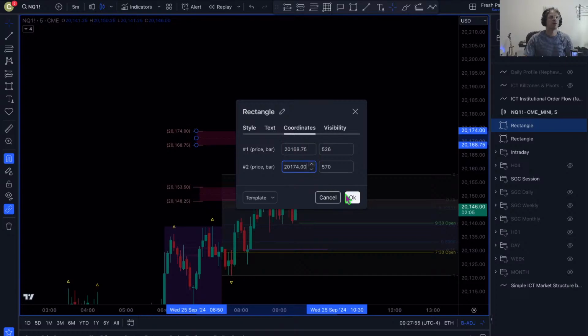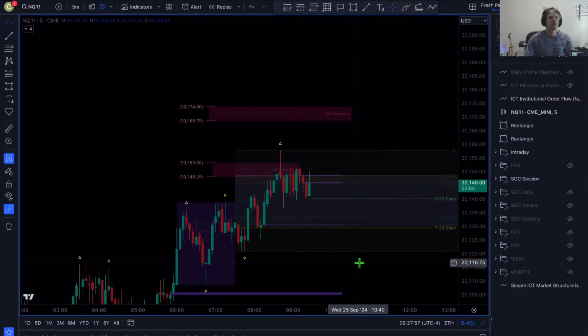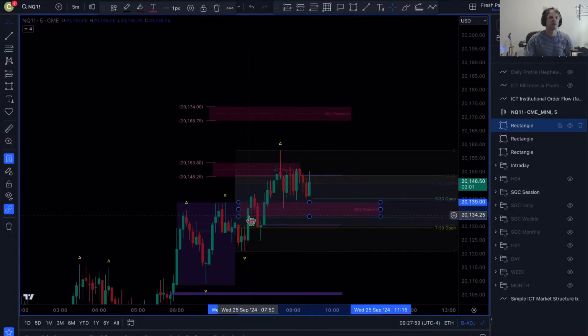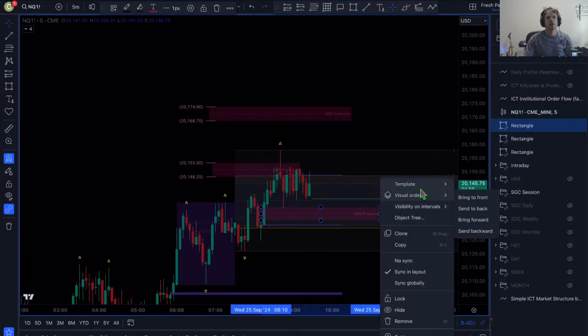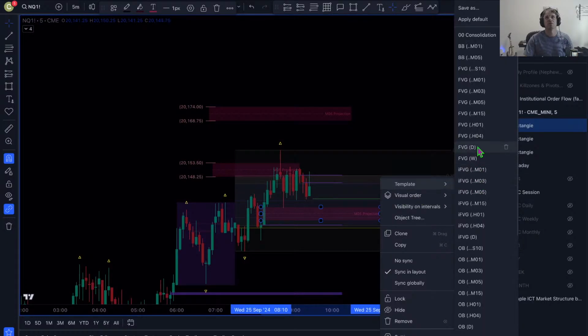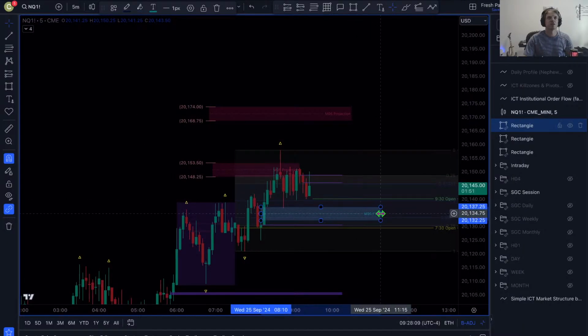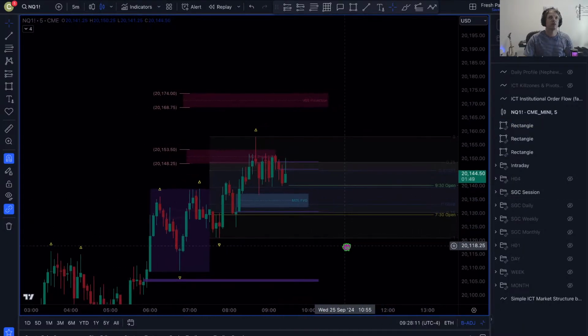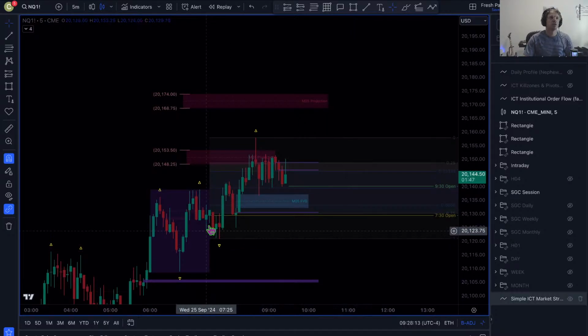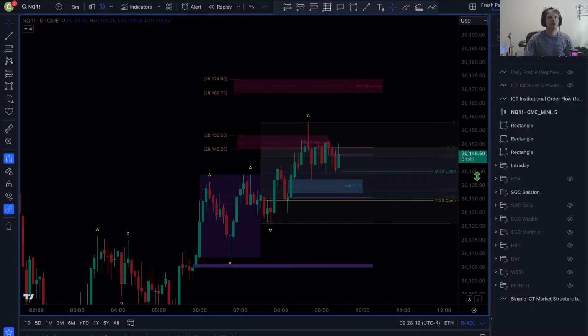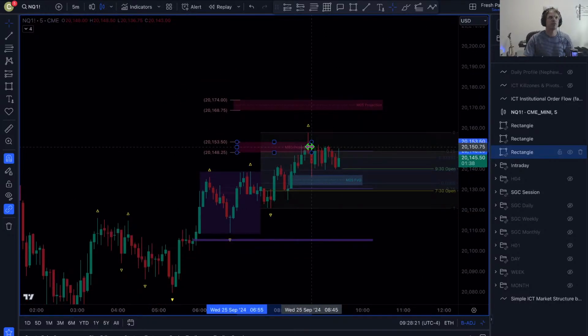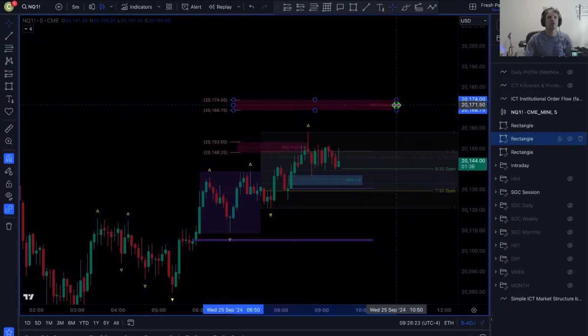6875, 74. What am I talking about? I'm talking about this right here was taken. Now we haven't had a great break out of there, but that would be the suggestion based on that. We also swept the 7:30 open right there and then continued. So I'd say that's potentially what's going on: if we can break this, we'd have a target up here.